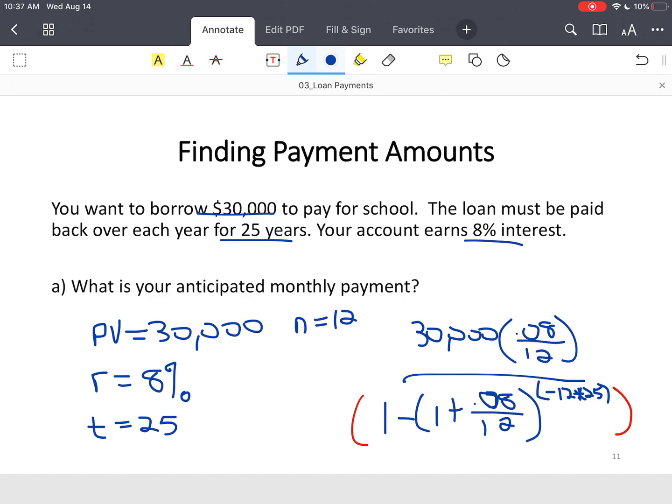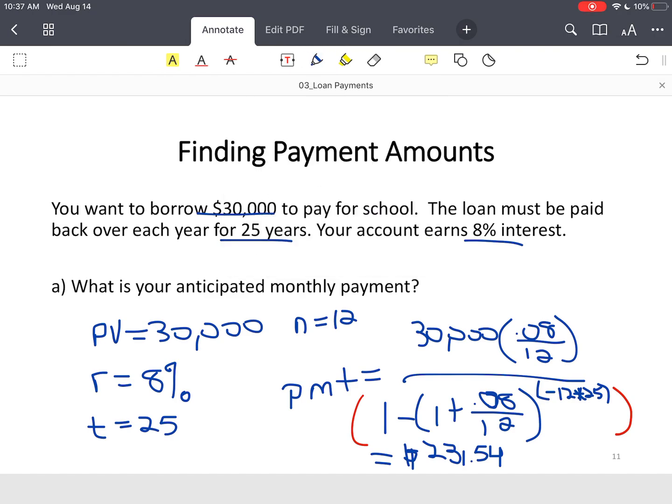All right, and your anticipated monthly payment is about $231.54. Okay, so that's your anticipated payment.